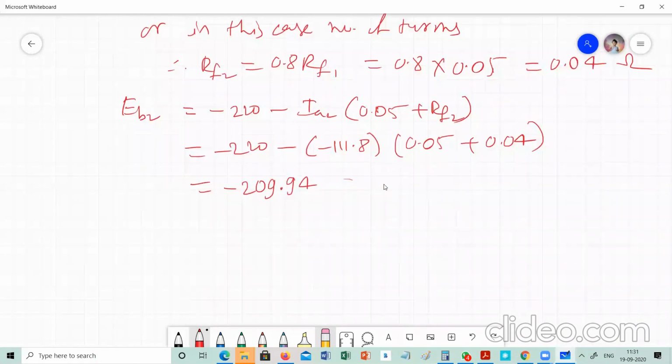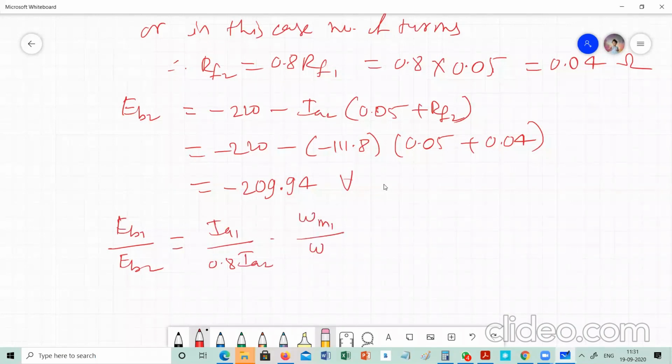Its unit will be volts. Now we have EB2. Now we can calculate the speed. Again I will write that equation. EB1 by EB2 is equal to IA1 by 0.8 into IA2 into omega m1 by omega m2.